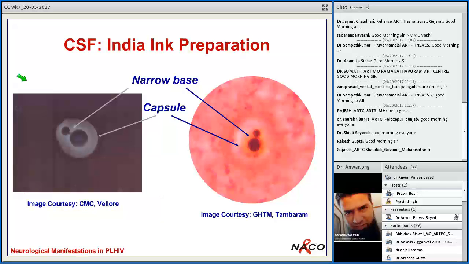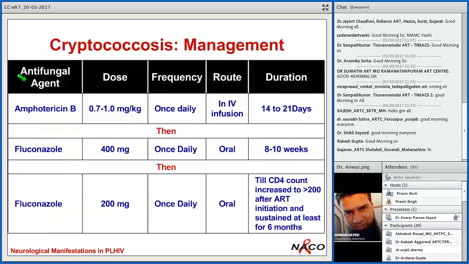Because the pathophysiology is that, because of the lesions of this cryptococcus, there will be a blockage of CSF flow, and the CSF which is formed will again get accumulated, because of which intracranial pressure will increase, the opening pressure will increase.